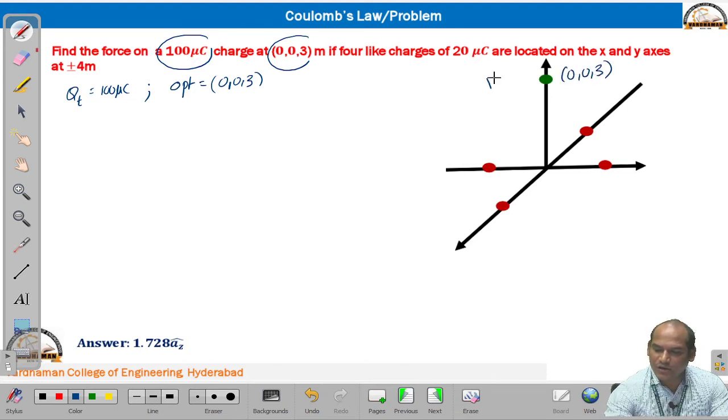So, here you have the 100 microcoulomb charge, and this is the x axis, the negative x axis, this is the y axis, this is the negative y axis.